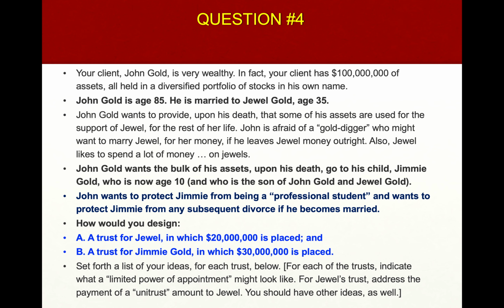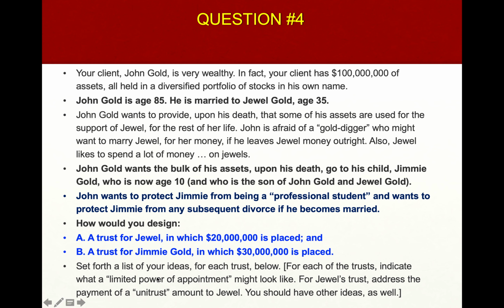What does paying a unit trust amount to Jewel look like? You might want to do some online research. For Jimmy, you might want to look at an incentive trust. Do a little online research about how incentive trusts can be set up. For example, matching income or giving somebody an incentive to achieve certain goals in life, like graduating from college or starting a business.